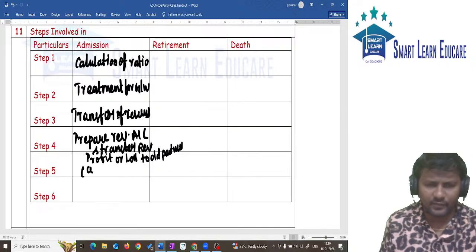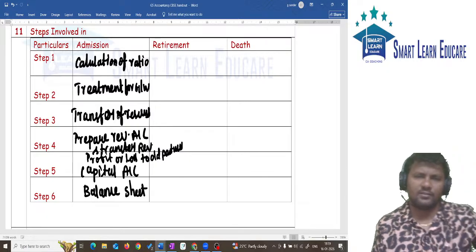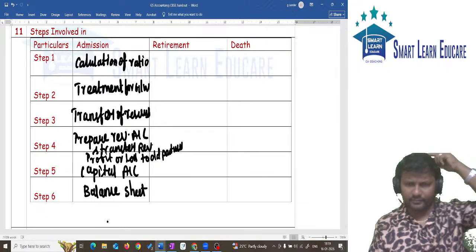Step 5, capital account. Step 6, balance sheet. So with these 6 steps, admission is over.